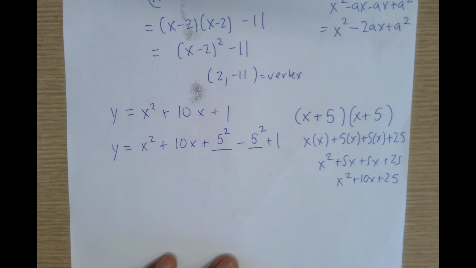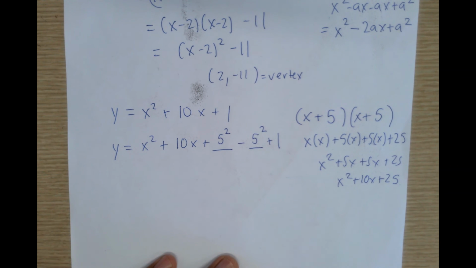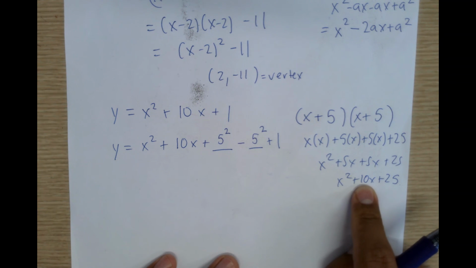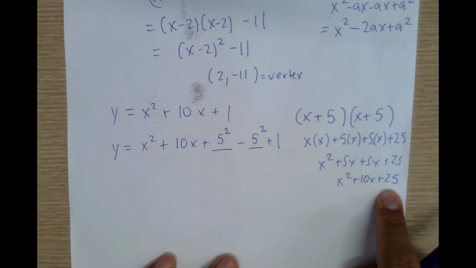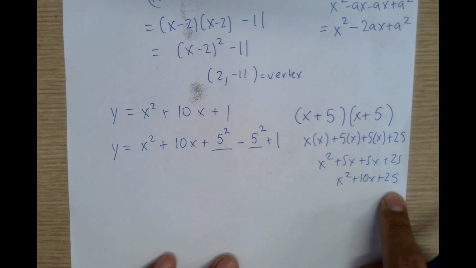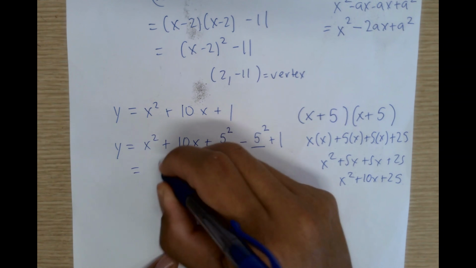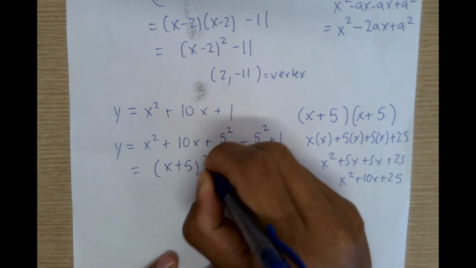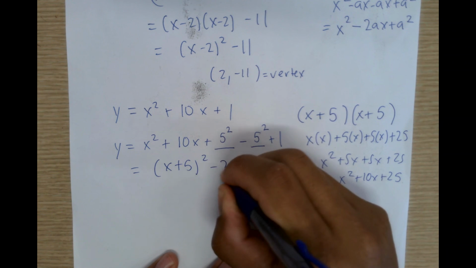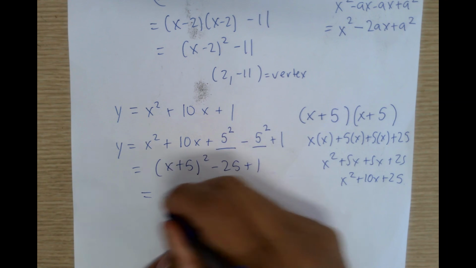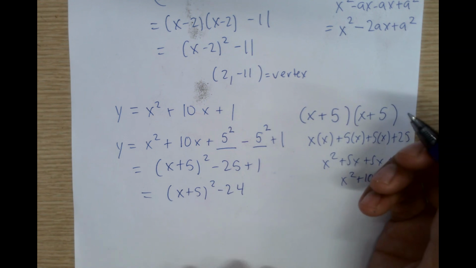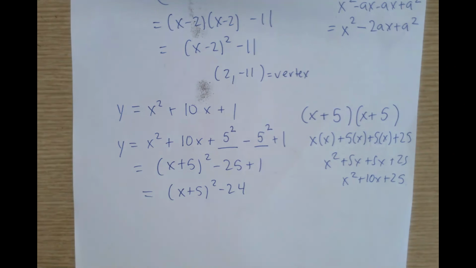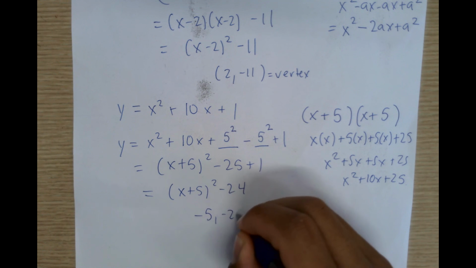So one of the traits of perfect squares is that this number here will always be double of the number that you square, and this number is always going to be squared, so 5 squared right here. So we know that this is going to transform to x plus 5 squared minus 25 plus 1, and this would equal x plus 5 squared minus 24. And we would know the vertex would be negative 5 comma negative 24.